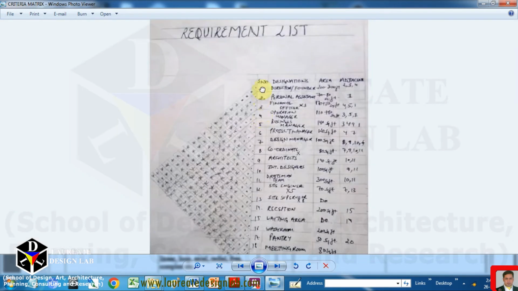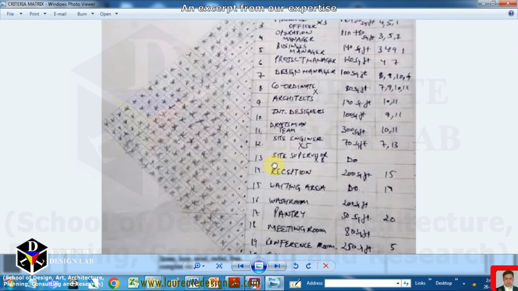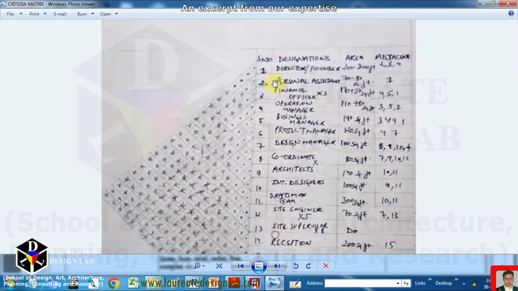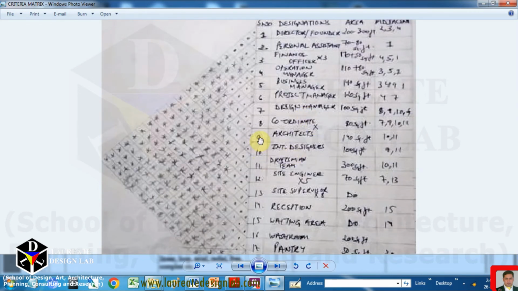Now let's talk about adjacency. We were talking about adjacency. So director is numbered as 1. So having the serial number gives you a good idea, which was not there in the last slide. So 1, 2, 3, 4, 5, 6 likewise. So if you're saying 2, 3, 4, so director must be adjacent to 2 number, 3 number and 4 number. Let's talk the example of 9.